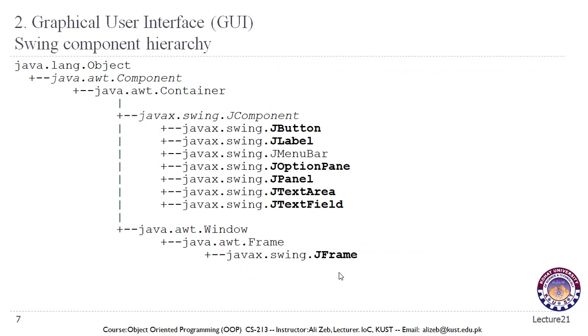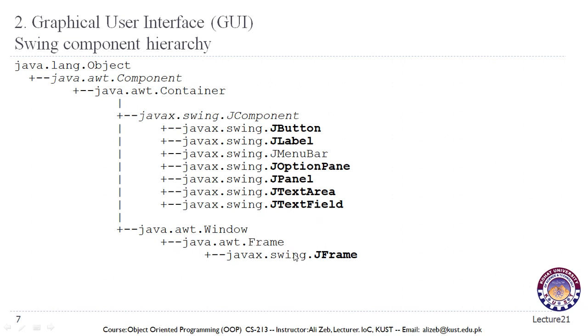If you have a look at the Swing component hierarchy, we can see that it is derived from the AWT Component and the AWT Container. Then we can use the JComponents of the Swing library, which include JButton, JLabel, JMenuBar, JOptionPane, JPanel, JTextArea, and JTextField.